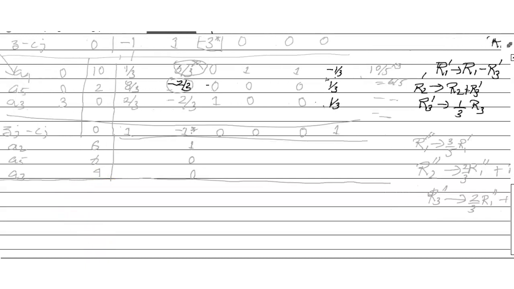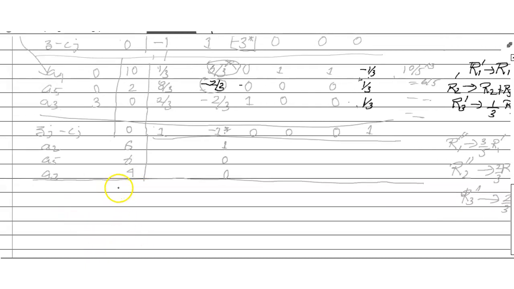And my Zj minus Cj is equal to 6, and this portion is my 6 by 5, and this portion is 0, 0, 3 by 5, 0, and 4 by 5. All are positive, so I get basic feasible values.